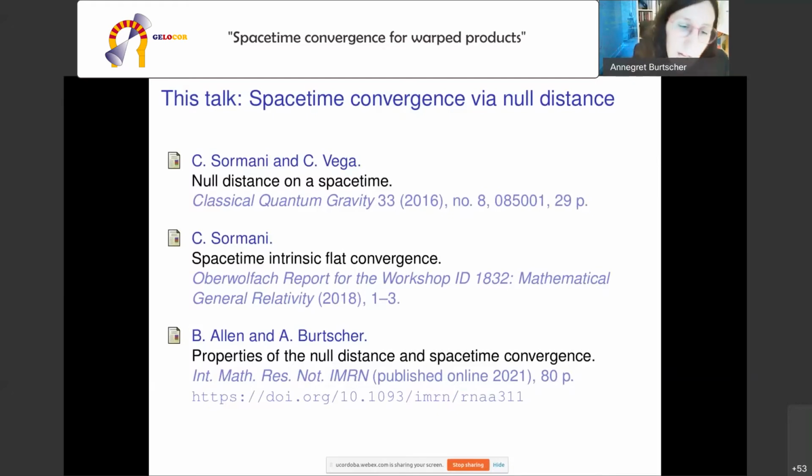Then Brian and myself, we try to study the simplest kind of models using the null distance and the convergence for those, and those are warped products. In order to even study convergence in this setting, one first has to understand a few extra properties of these spaces and how they behave with respect to this null distance.